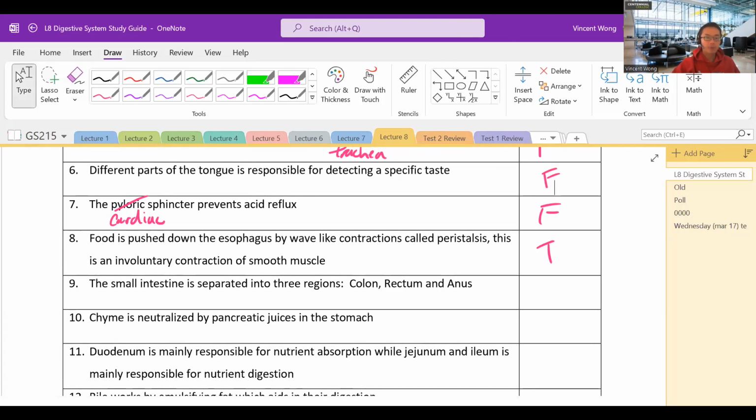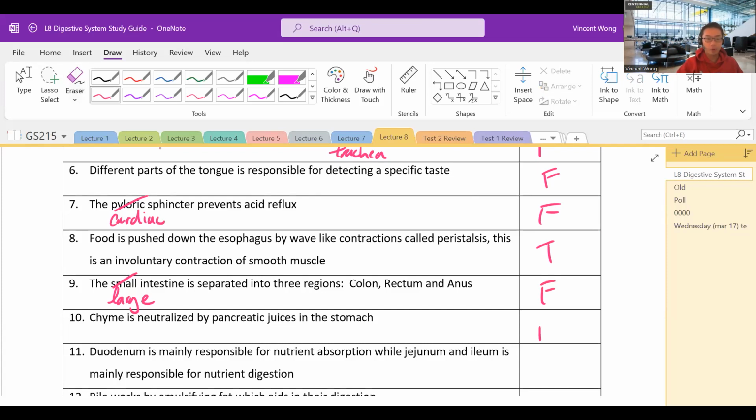Small intestine is separated into three regions: colon, rectum, and anus. That would be the large intestine. The small intestine is separated into duodenum, jejunum, and the last one is the ileum. Chyme is neutralized by pancreatic juices in the stomach.